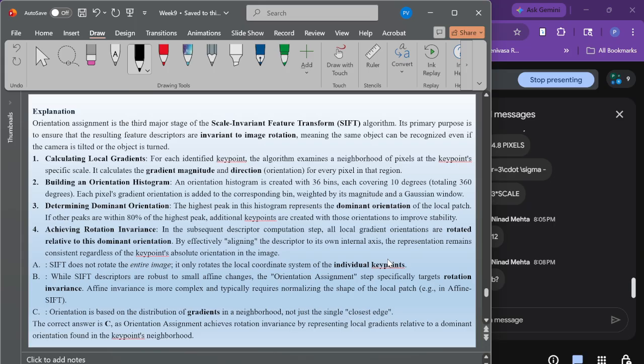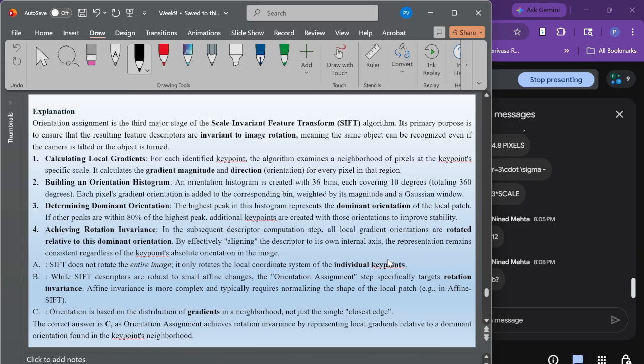Now the next process is building an orientation histogram. An orientation histogram is created with 36 bins, each covering 10 degrees, total 360 degrees. For each pixel, the gradient orientation is added to the corresponding bin, weighted by its magnitude and a Gaussian window. Next is determining the dominant orientation.